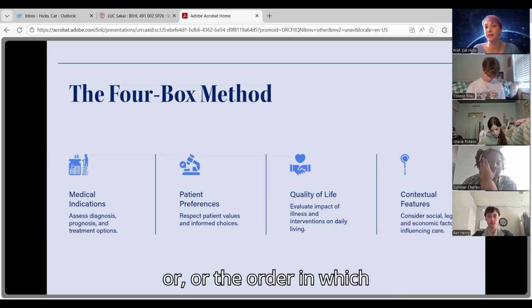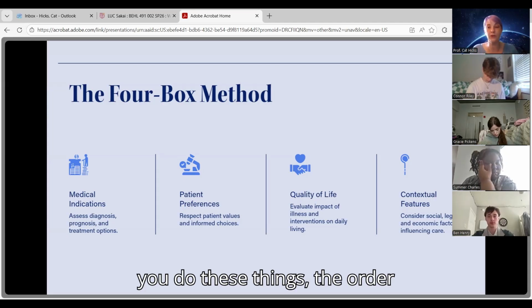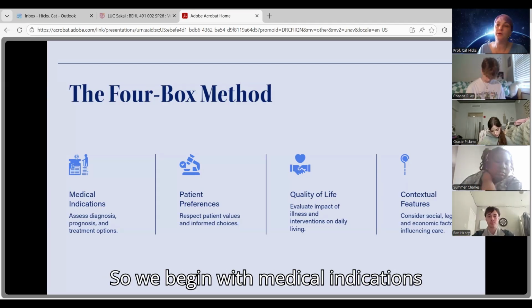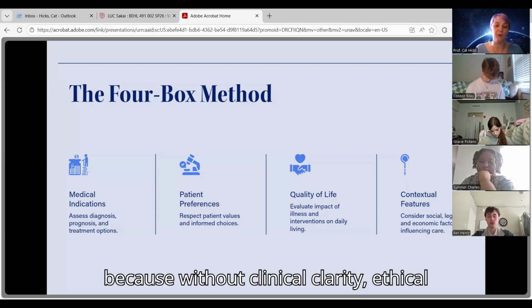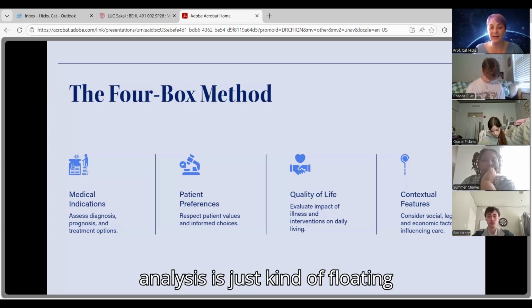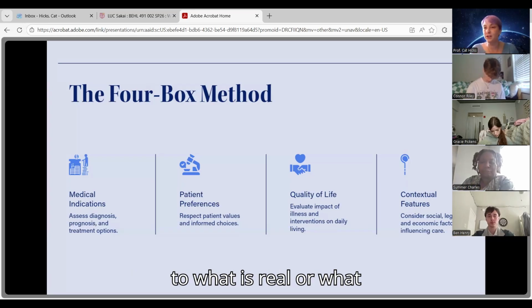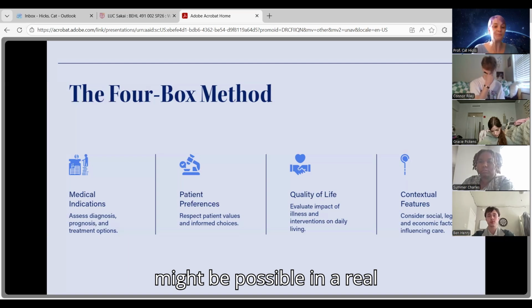The order of operations is really important here. So we begin with medical indications because without clinical clarity, ethical analysis is just kind of floating on feelings, right? Without a correlation to what is real or what might be possible in a real case.